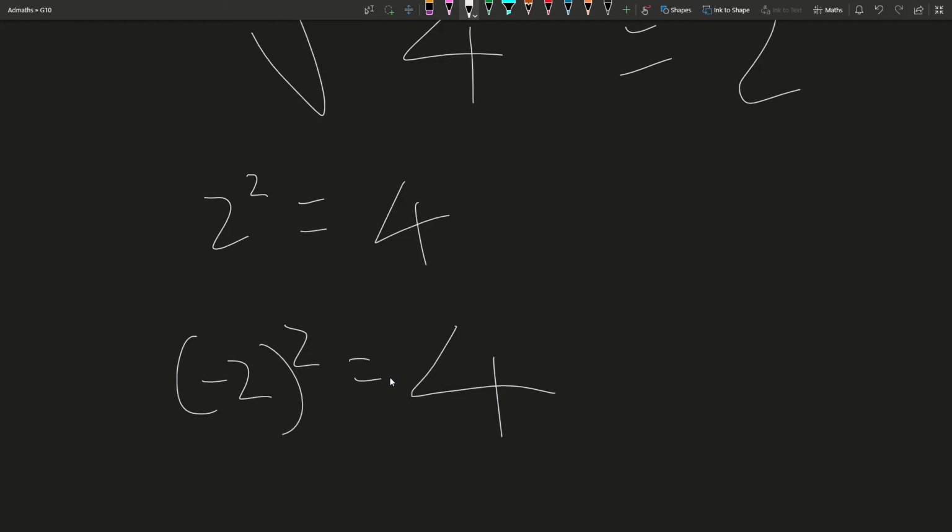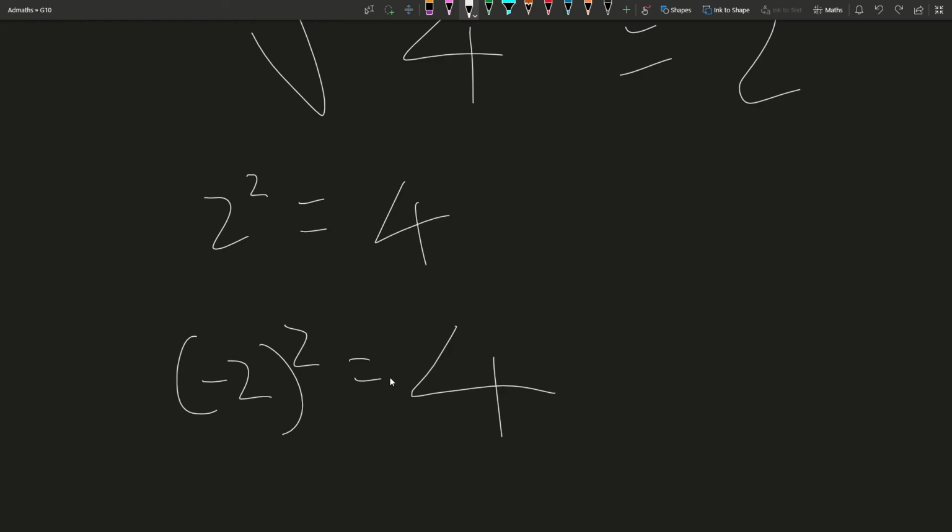So, here's the question, and you can answer this for yourselves if you know. Is there any number that you could square in order to get minus 4? Is there anything squared that would give you negative 4?